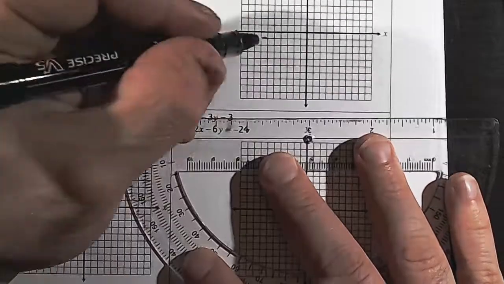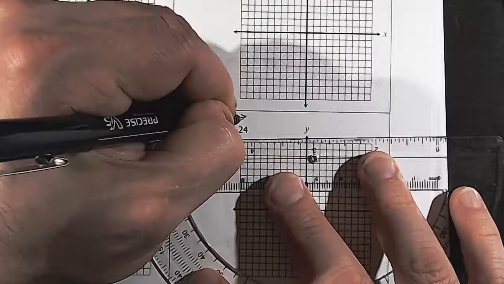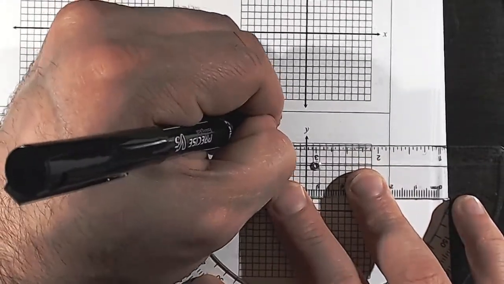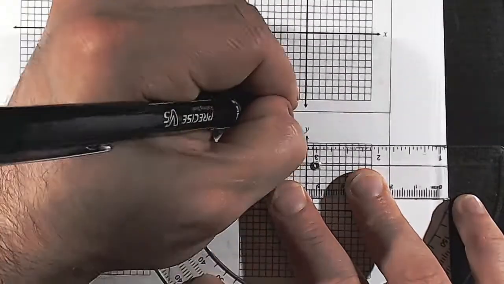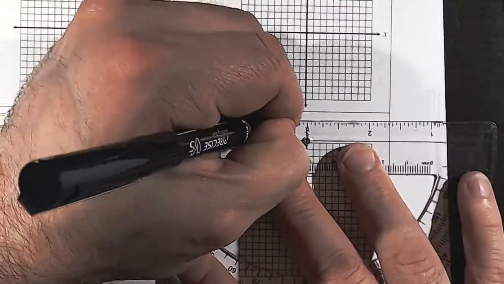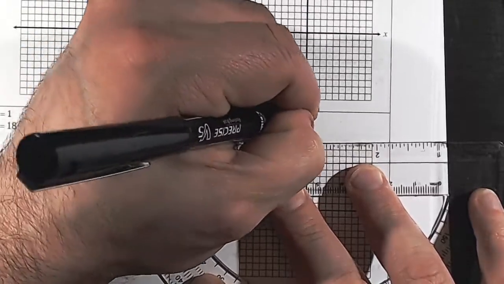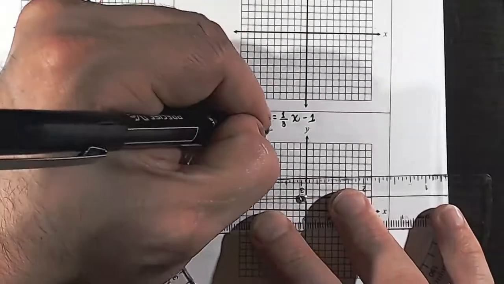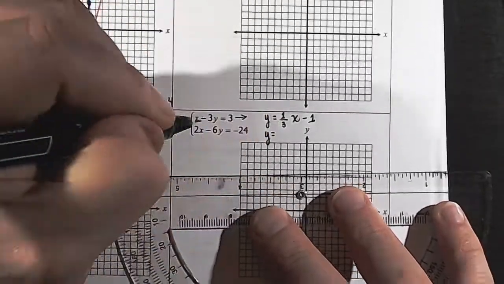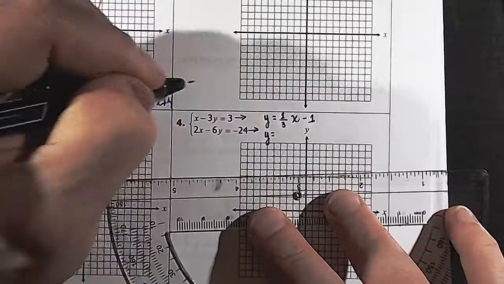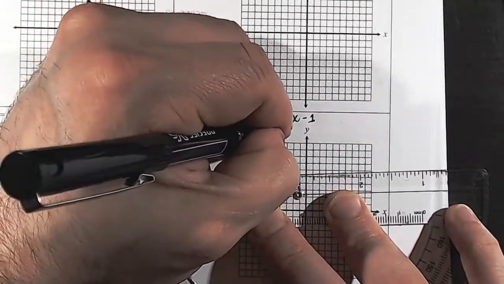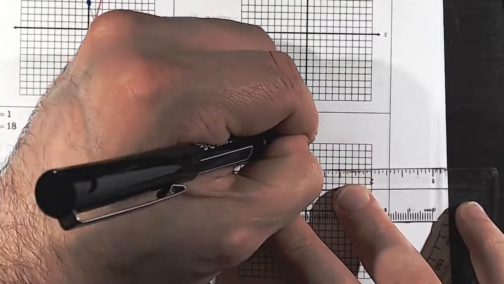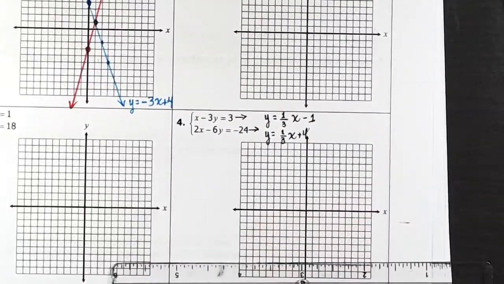This first equation becomes y equals 1/3 x minus 1. And the second equation becomes y equals 1/3 x plus 4. Okay, and now we need to graph these.